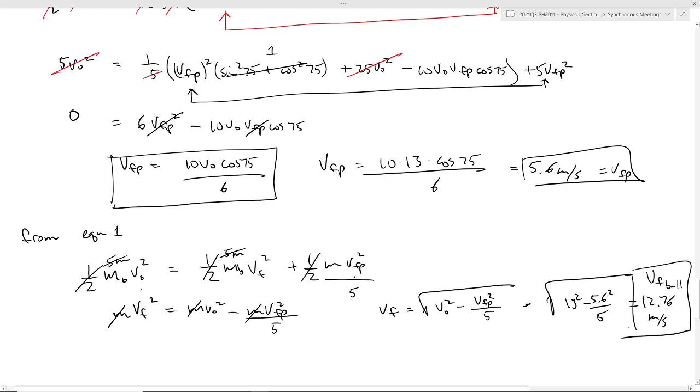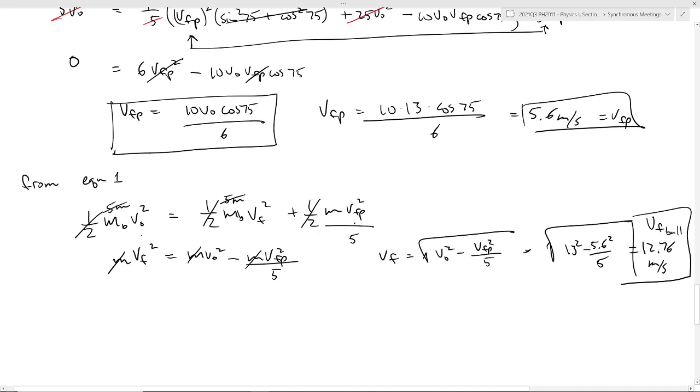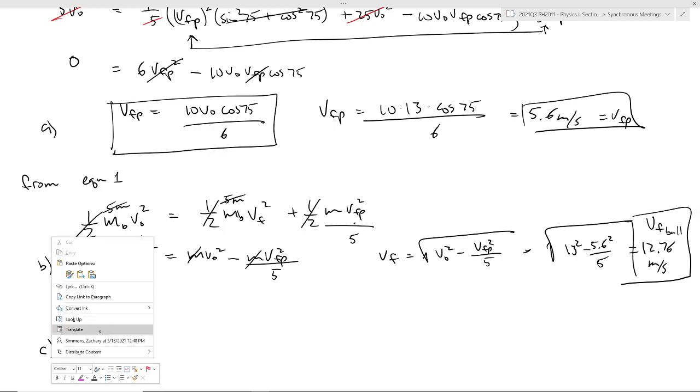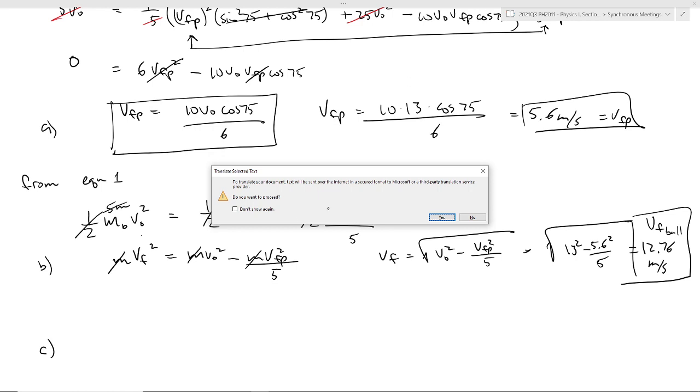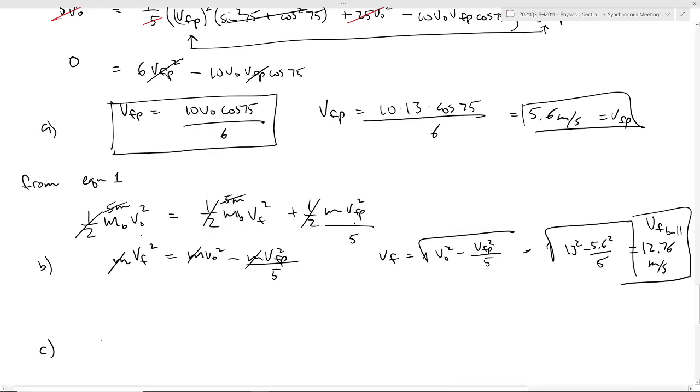And then the last ingredient, this was part A, part B. The last bit was asking us to find the angle theta, so we can use one of our other expressions, v_f pin. We can use our x momentum expression, for example. Now that we know the speeds, we can put in the fact that the mass of the ball is 5m.